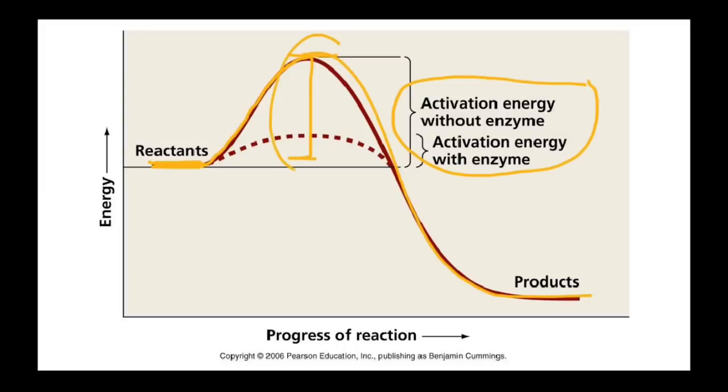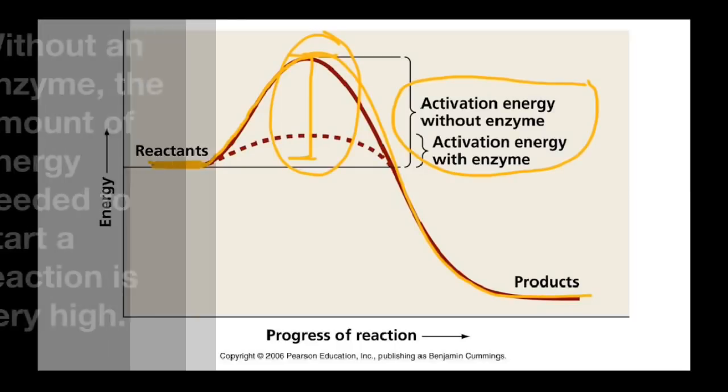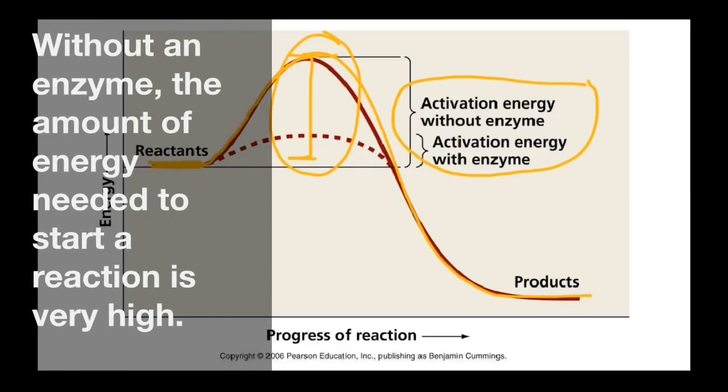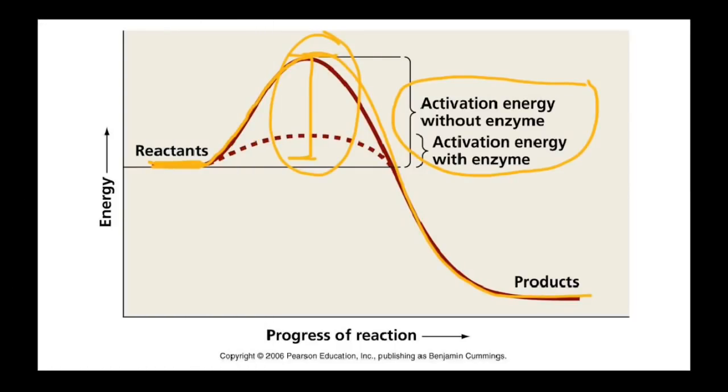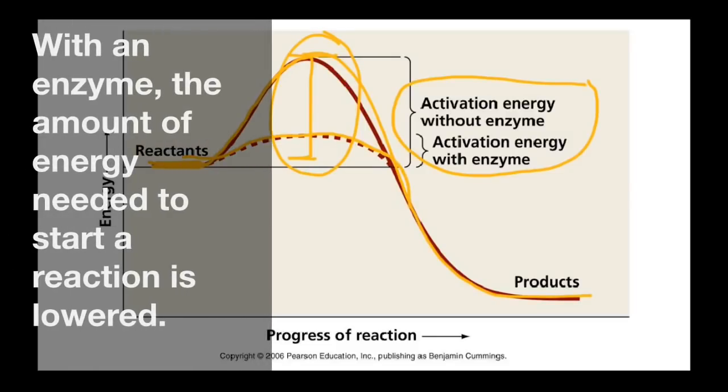So this energy right here determines the speed the reaction takes place. It determines how many molecules can react at a certain pace. So what an enzyme does is change that needed energy, like right here. And so this difference right here is how much energy is saved when an enzyme is used.